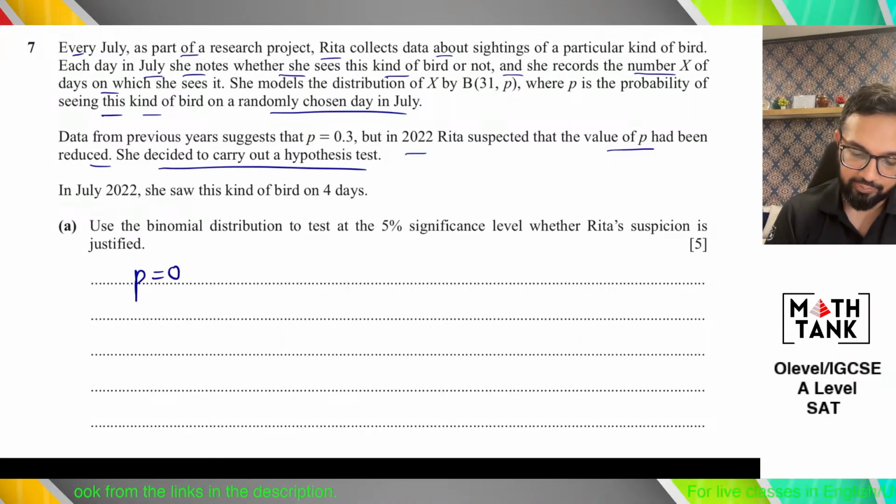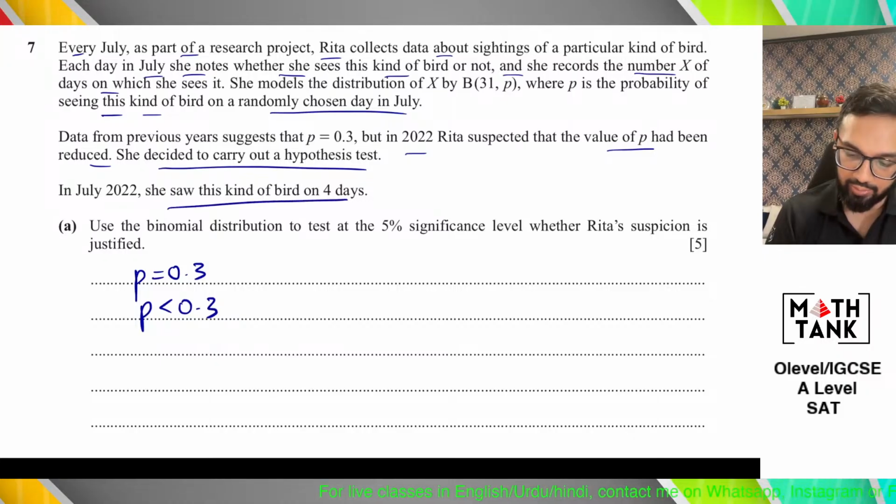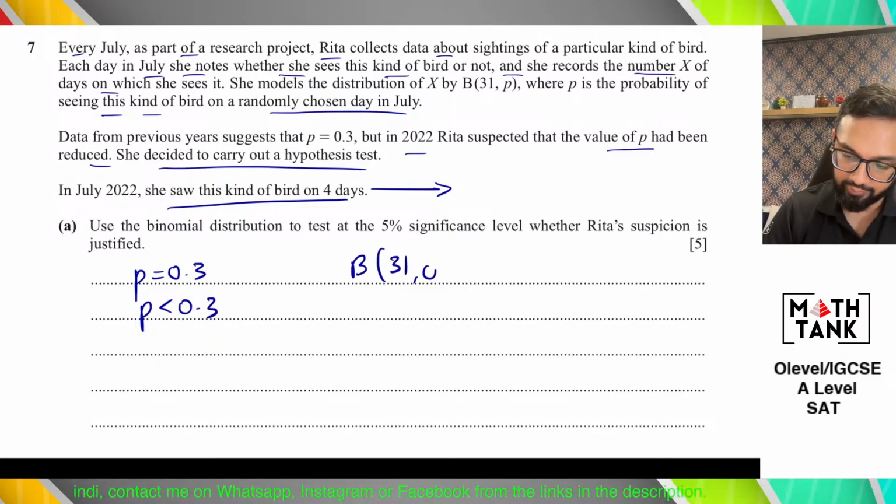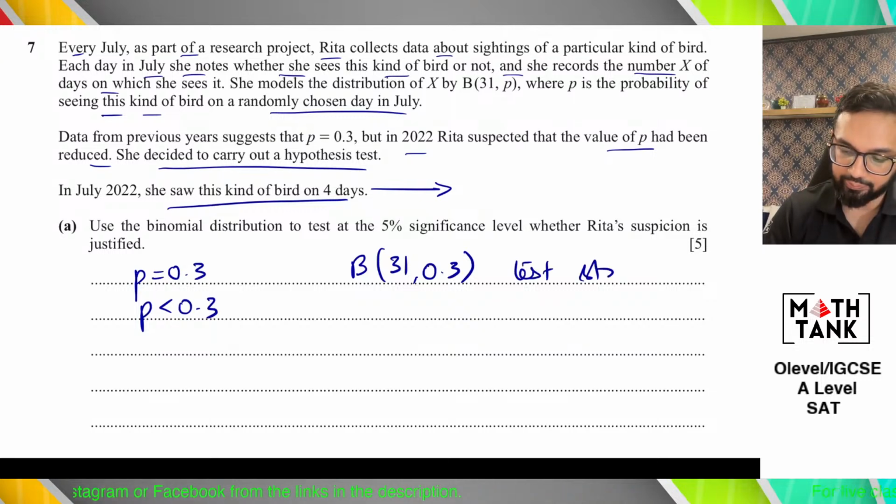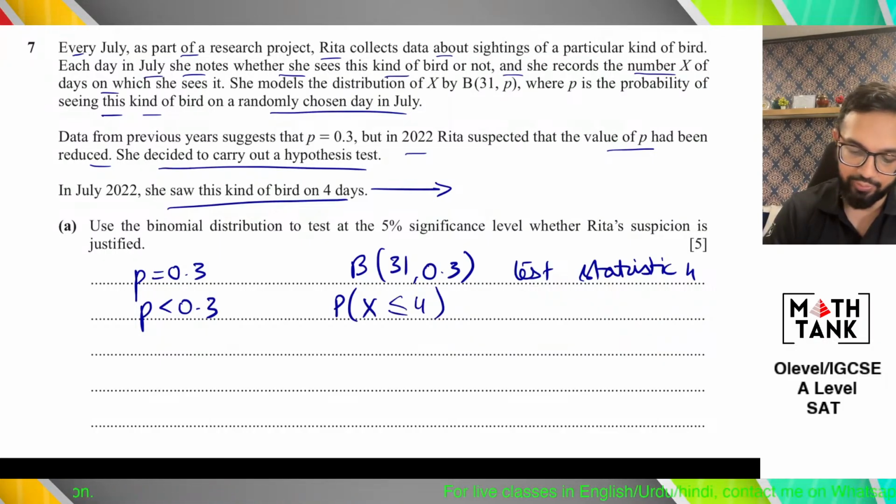Okay, so I need to test whether this has reduced. In 2022, she saw 4 of these birds. And the test statistic is 4. So I want to calculate the probability of x less than or equal to 4.